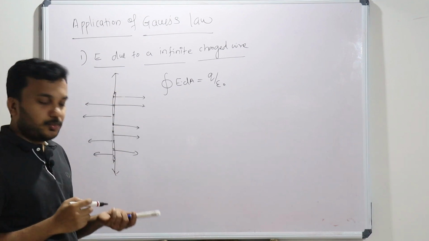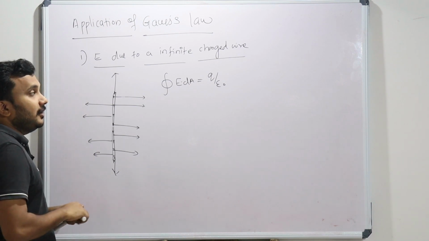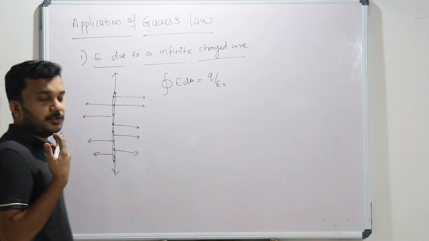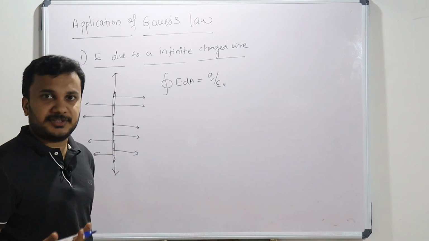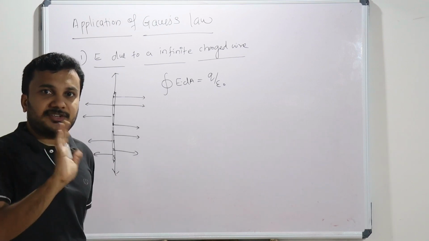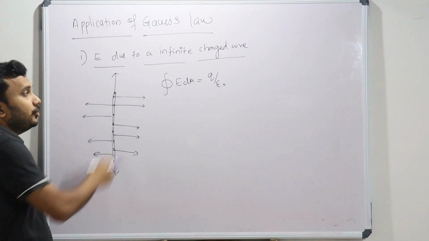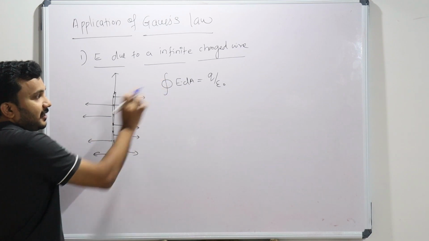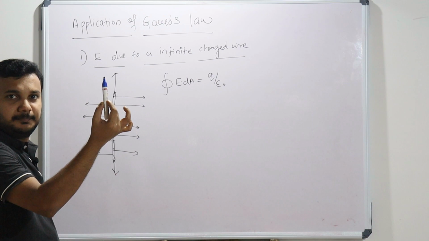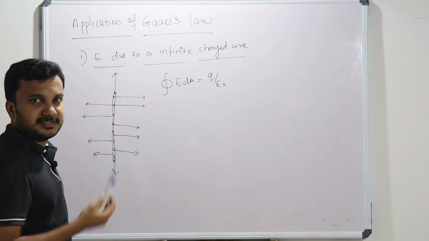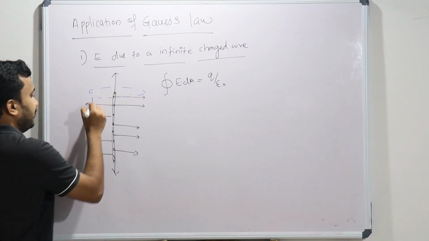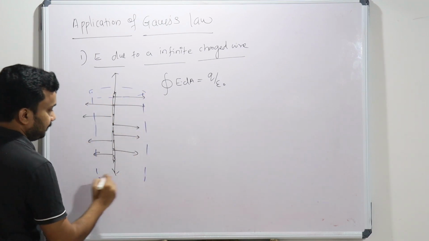In that case, we have a provision: we can consider a Gaussian surface, which is a closed surface. Actually, there is no real Gaussian surface, but to use this law we need a closed path, and a wire is not a closed path, it is just like this pen. So I need something like a cylinder, and I assume a closed path here.